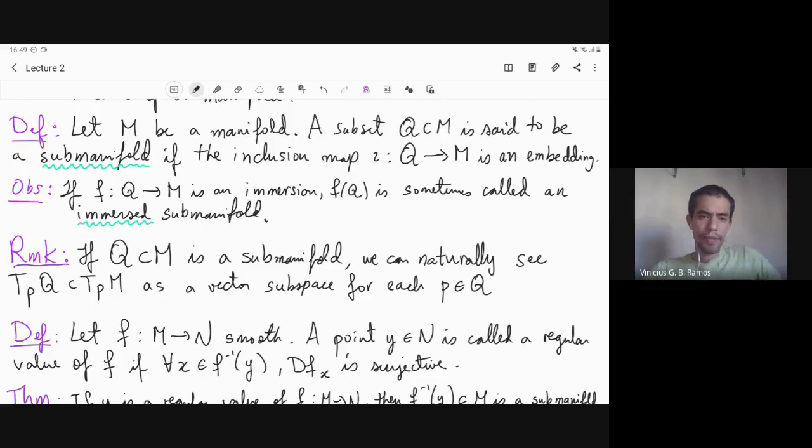But if you think of the tangent space as equivalence classes of curves, then this is pretty obvious, because if you have a curve in Q going through p, then it's also a curve in M, and it's very easy to see that the equivalence relation is preserved. But I think it's an interesting exercise to convince yourself of this using the definition of tangent spaces as derivations.